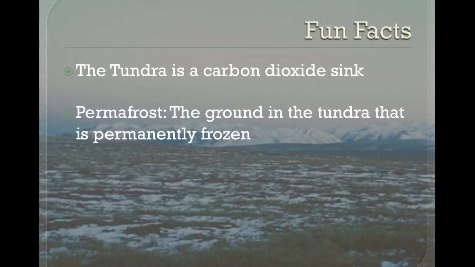The first fun fact about the tundra biome is that the tundra is a carbon dioxide sink, which means that the tundra absorbs carbon dioxide. The next fun fact is that the ground that is permanently frozen in the tundra biome is called permafrost.